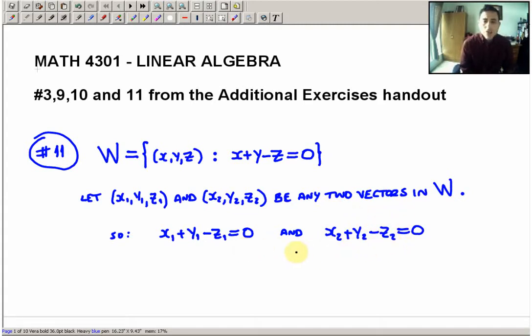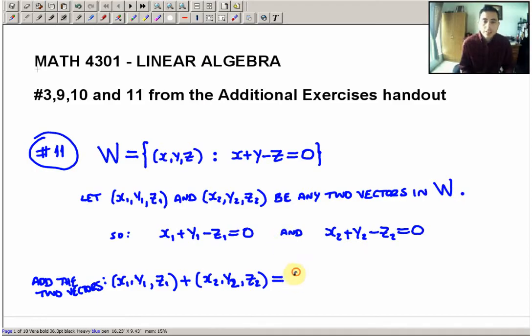How do we show, if I add the two, here's the new vector, how do we know that the addition is in the set? Here's the addition: x1 plus x2, y1 plus y2, z1 plus z2.